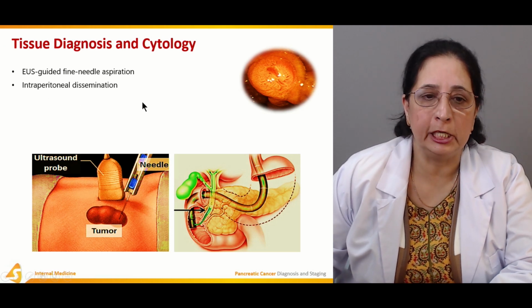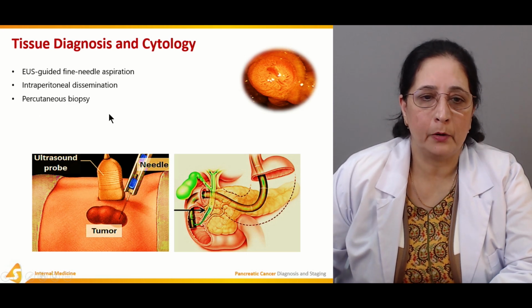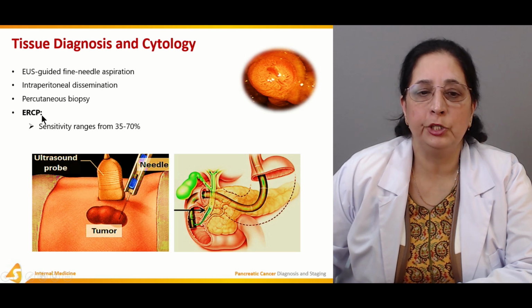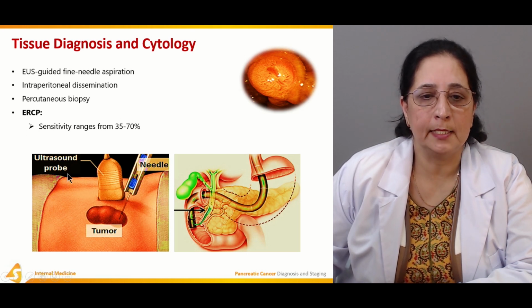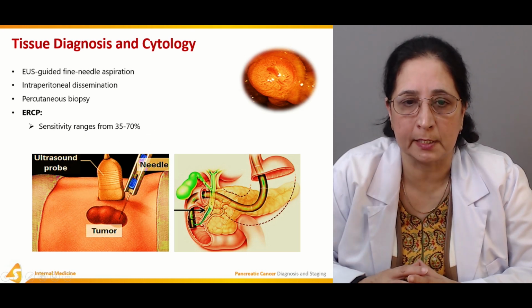Intraperitoneal dissemination, percutaneous biopsy, endoscopic retrograde cholangiopancreatography, sensitivity ranges from 35 to 70%.